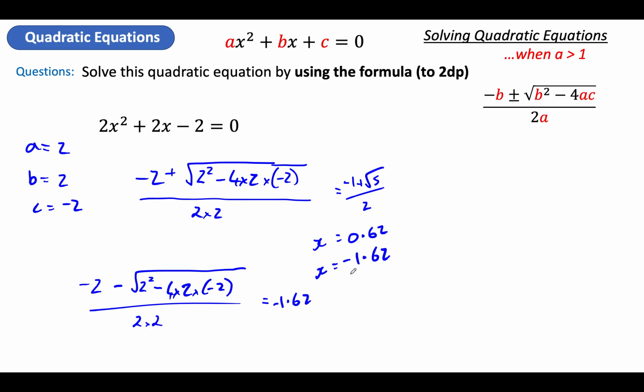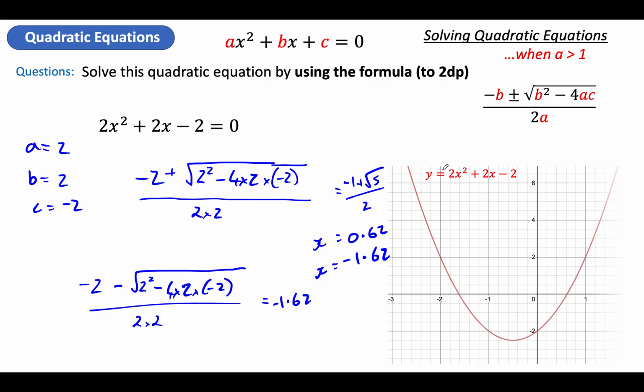Sometimes the decimals might look similar, sometimes they don't. And again, if I was going to graph this, it would be y equals my equation. The graph for this particular one looks like this. And here are my 2 answers: there's the negative 1.62, and there's the positive 0.62. So it does work. It shows you where that graph goes through the x-axis. Just to be clear, here are my 2 answers.